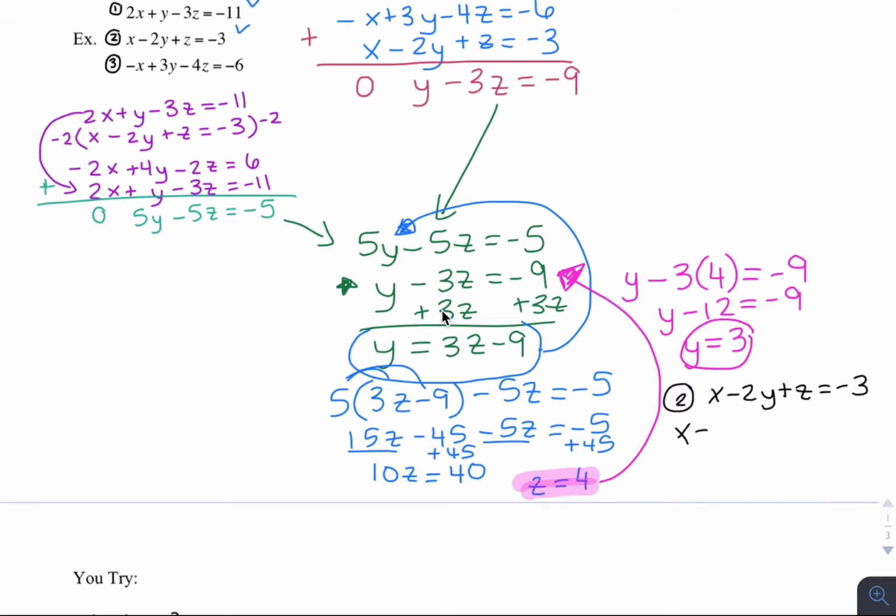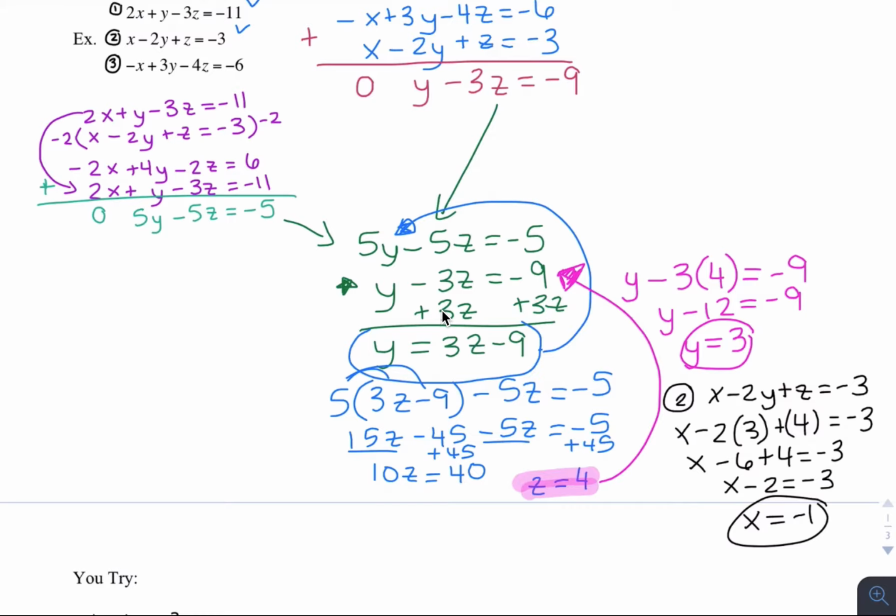I'm going to plug in: x minus 2 times 3 in place of y, plus 4 in place of z, equals negative 3. So x minus 6 plus 4 equals negative 3. X minus 2 equals negative 3. X equals negative 1.